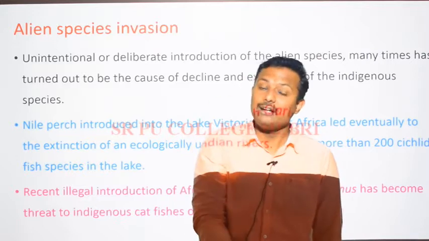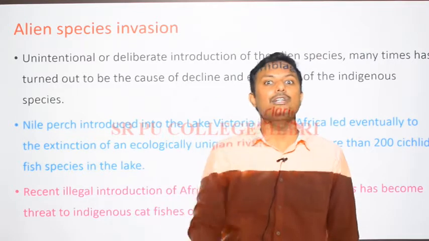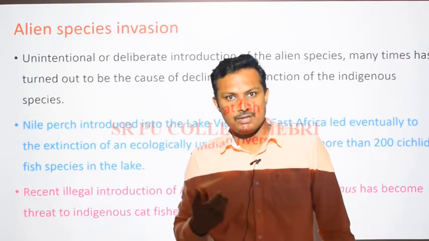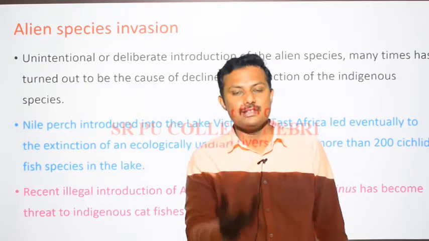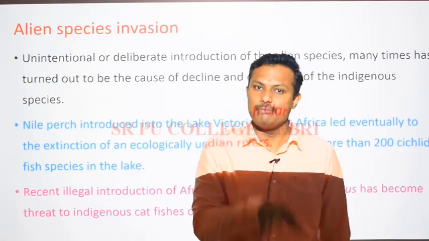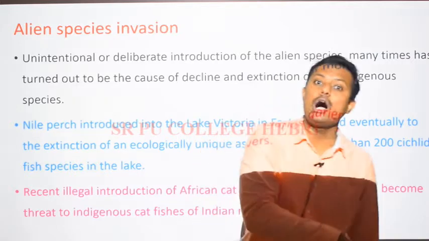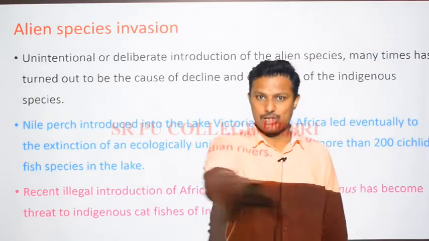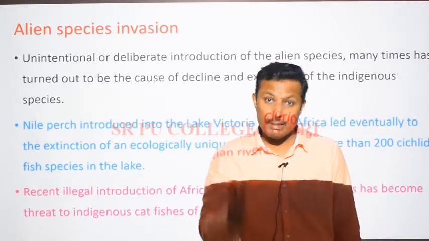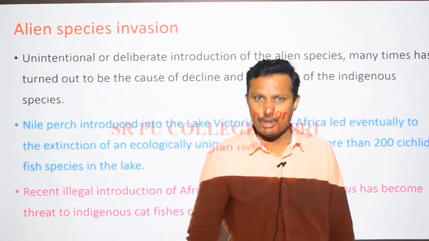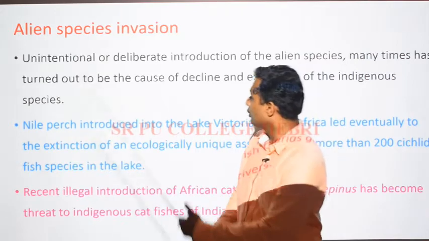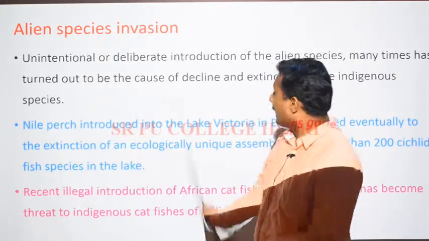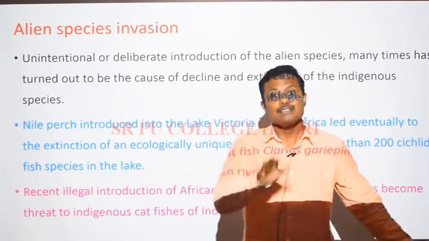And those seeds started growing very abundantly. And Parthenium, once it starts growing, will be a weed, and it can also harm the actual agricultural crop in an agricultural field. You know Parthenium, we call it the Congress plant, Congress weed, right? So that was unintentional. Now if we say deliberate, then it is intentional.